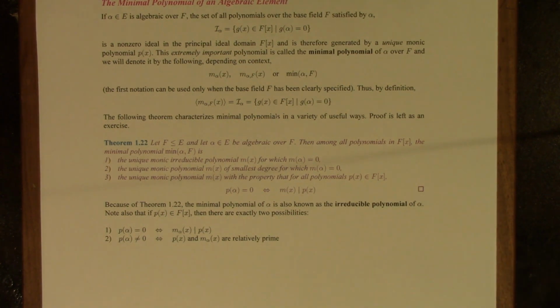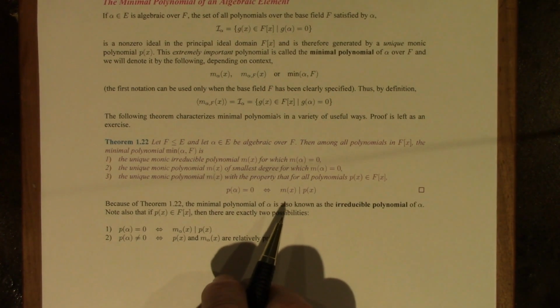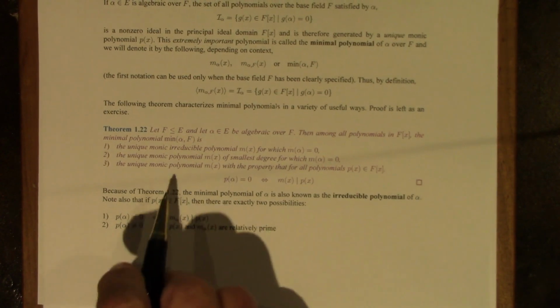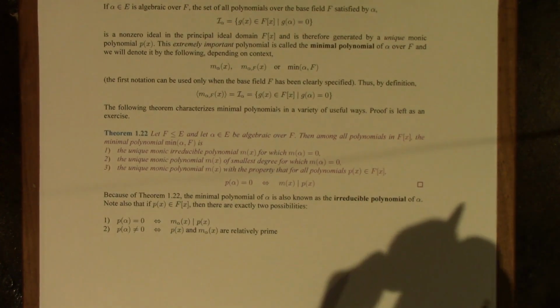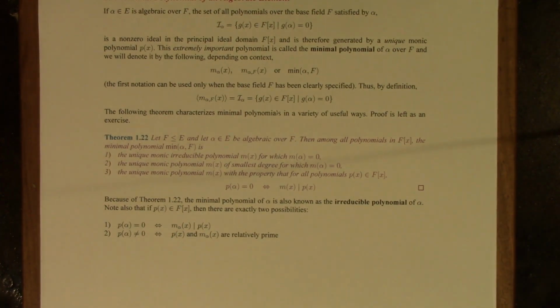Said a different way, the set of all polynomials satisfied by alpha is precisely the set of all multiples of the minimal polynomial. Because of these characterizations, the minimal polynomial of alpha is also known as the irreducible polynomial of alpha. I've never much liked that term, so I always use the term minimal polynomial.